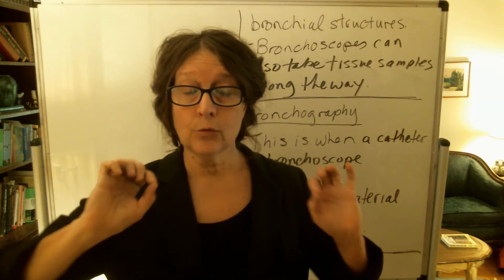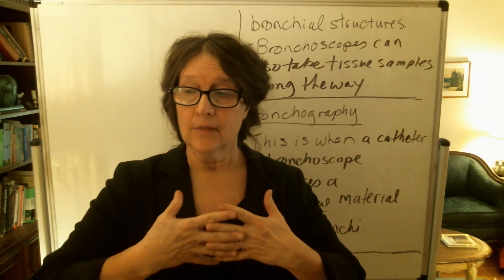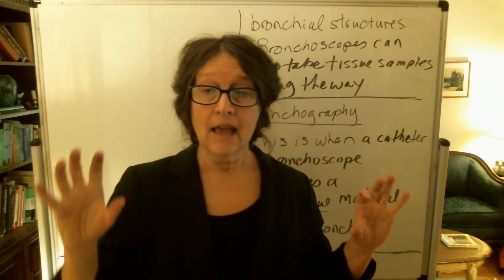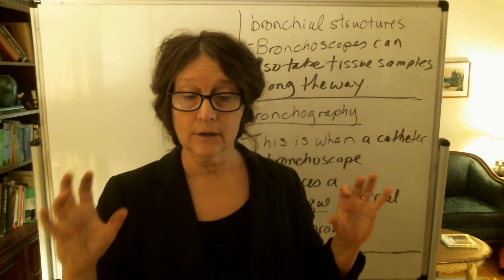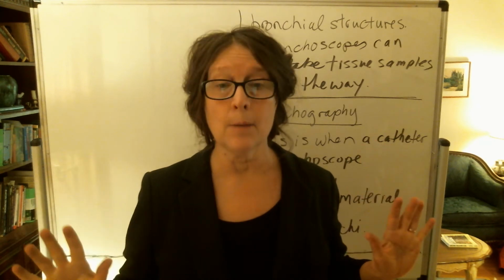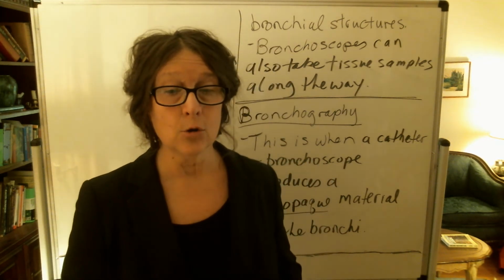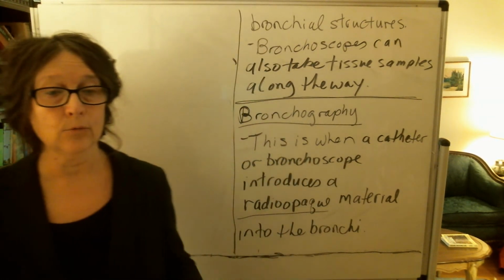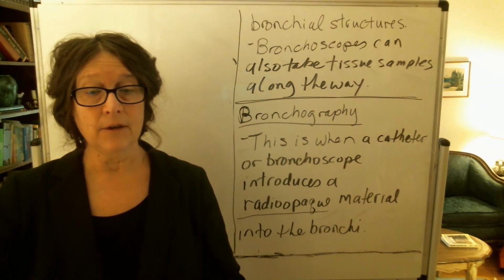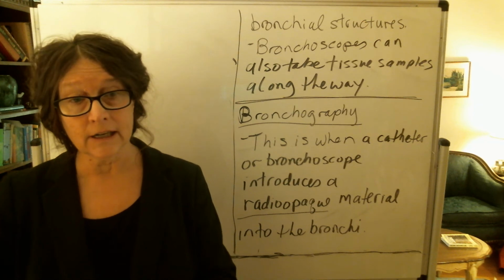And so if you introduce that into your air passageways, then if you take an X-ray of that, you will again get high-level definition of the bronchial tree, because suddenly all of those air tubes are going to stop the X-rays. And so you will then see the bronchial tree very, very clearly. So a radio opaque material is one that is opaque to X-rays. If you have that introduced to the bronchi, then the bronchi will show up very, very clearly in an X-ray.